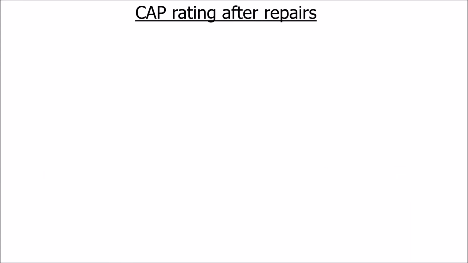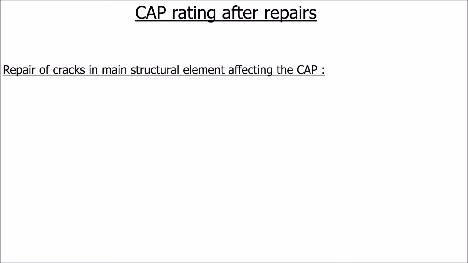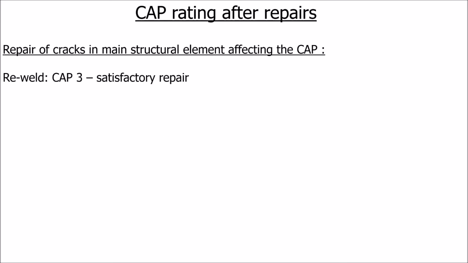So repair of cracks, the main structural element affecting the CAP is, well, re-weld it. You see a crack and you put a weld. We know that is not a very good idea because the crack happened because of fatigue there. And the material just beside the crack is also not very good, it's very bad. So it's about to crack, that material.